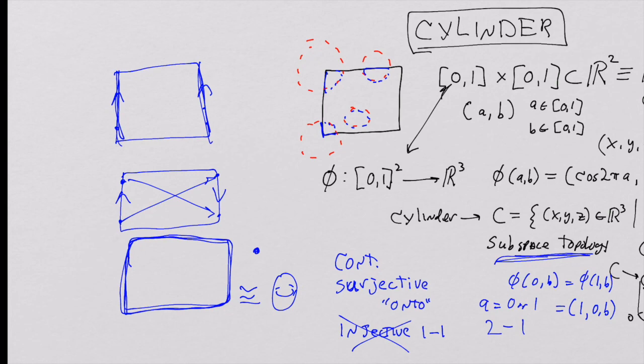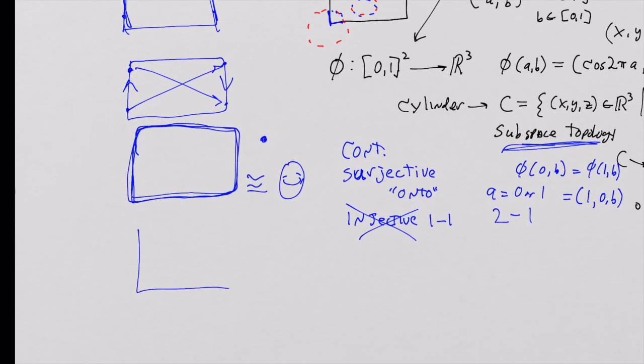But I can do other things. I can take the square and take these two sides and these two sides as I would in a cylinder, and I can make a Klein bottle. And the most interesting is if I reverse that.